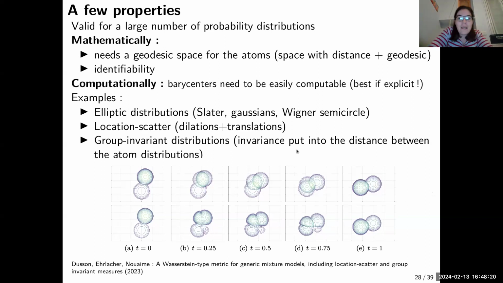And what you see is that indeed, on the upper part, these modified Wasserstein barycenters remain mixtures of Wigner semicircle distributions, whereas the exact Wasserstein barycenter looks quite weird, okay? And for the electronic structure calculation applications that we're interested in, it's not good.